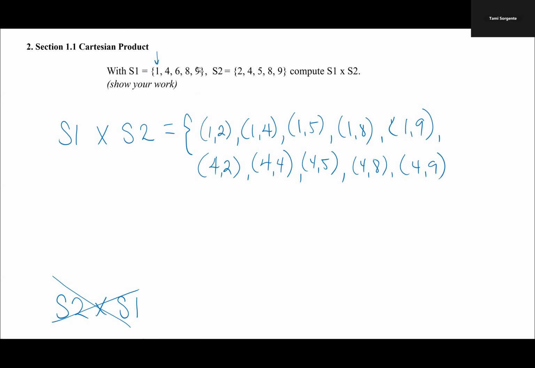I don't think you really need to watch me do all of that. Just keep in mind that the product of S1 with S2 is not the same thing as S2, S1. S2, S1 would be going the other direction. You would start here and have your ordered pair that way, so it would be 2, 1, 2, 4, etc. But that's not what the question asked. The question just asked you to compute S1 with S2.